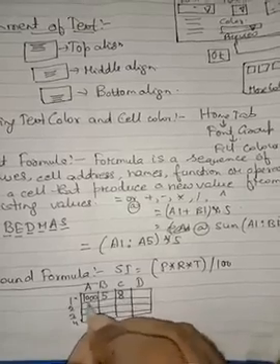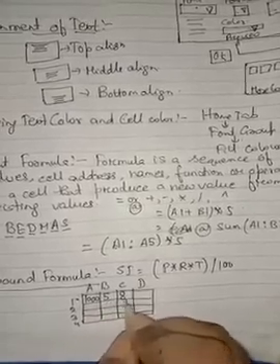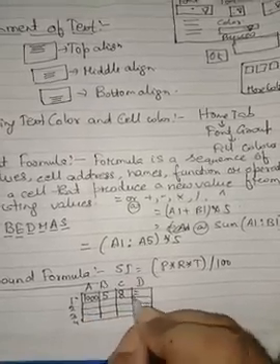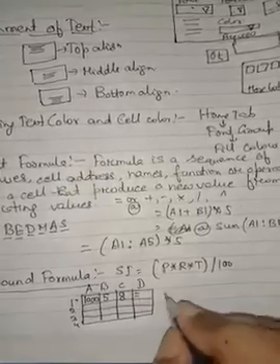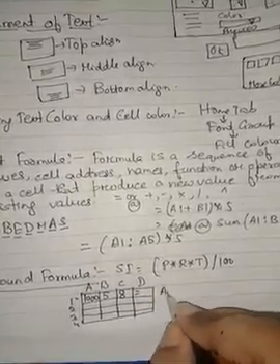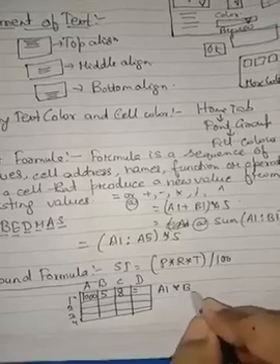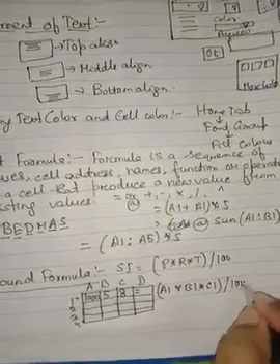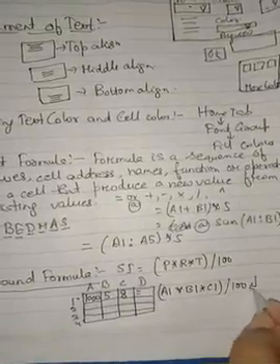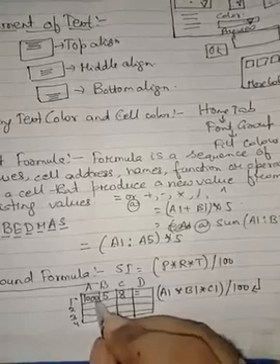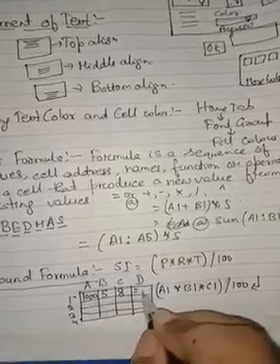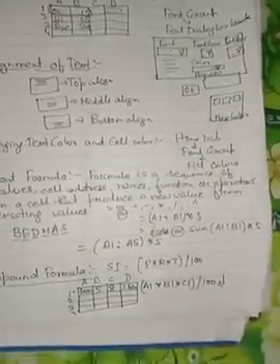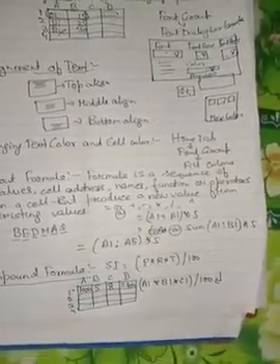So 1000 is the principal, for 5 years and rate 8%. Now here I am trying to calculate the simple interest. The formula always begins with the equal sign. After equal, type A1 into B1 into C1 and then divided by 100. As soon as I press the enter key, I will get the answer 400 over here. So in this way we can type the compound formula.